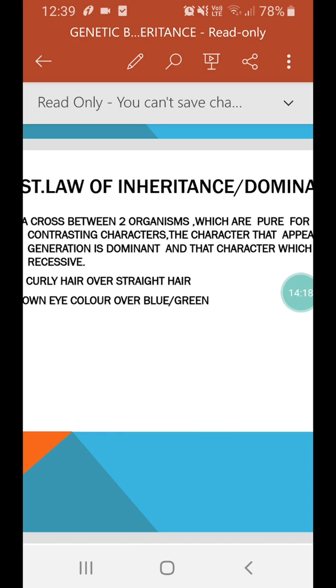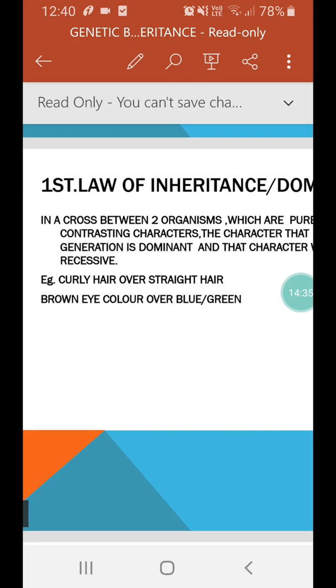And this law of dominance is explained with the monohybrid cross experiment. So we have seen above the monohybrid cross. Some other examples may be curly hair over straight hair, brown eye color over blue or green eye. So curly hair and brown eye are the dominant characteristics.